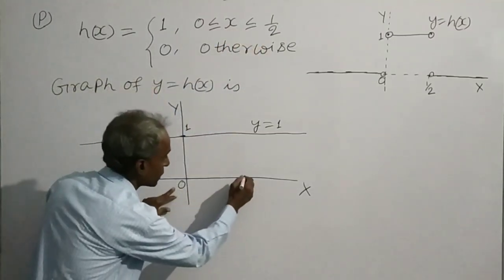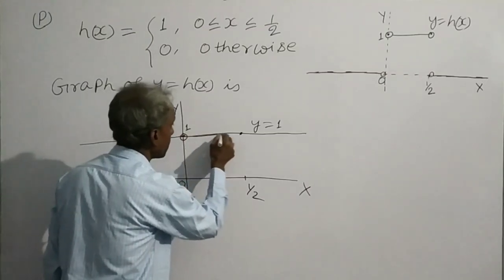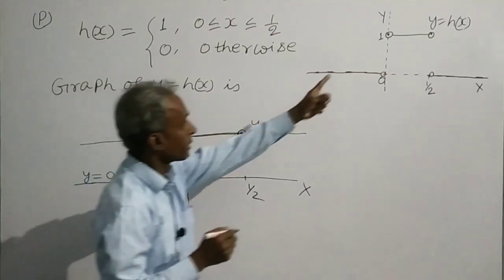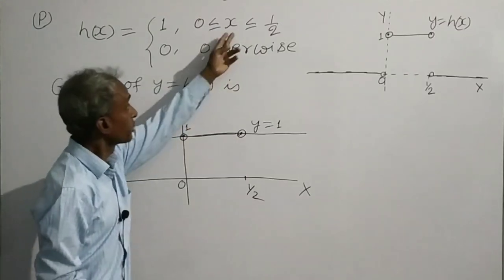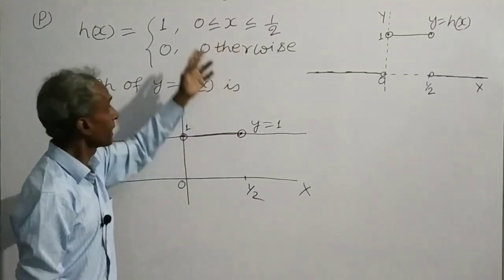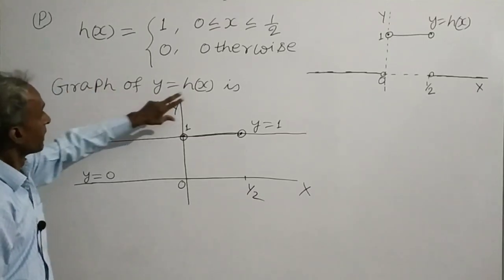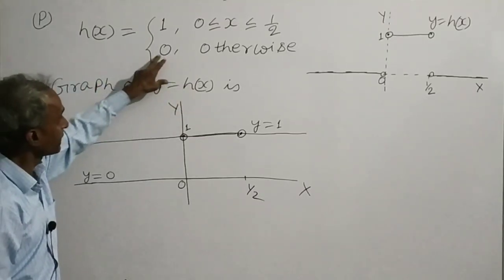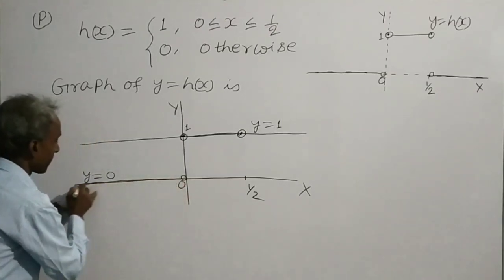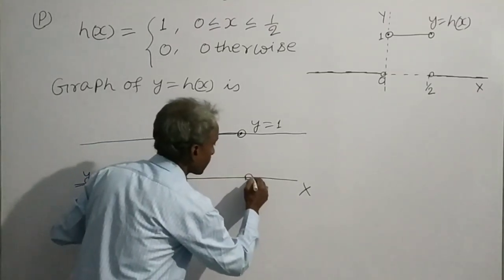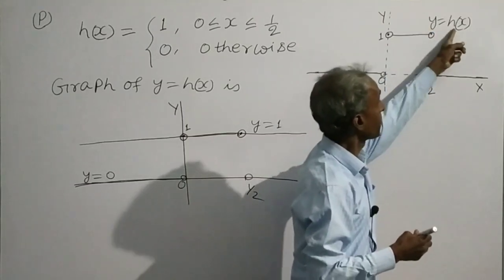When x lies from 0 to 1 by 2, then this part of the line will be part of this graph, and when x does not lie in this interval, either less than 0 or greater than 1 by 2, that means otherwise, then Hx is equal to 0, that means y is equal to 0, therefore we will take this part of the x-axis, and this will be part of the graph of y is equal to Hx.